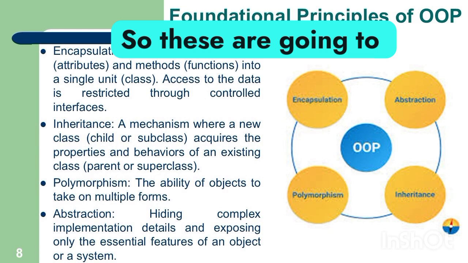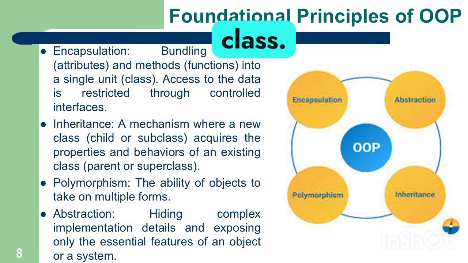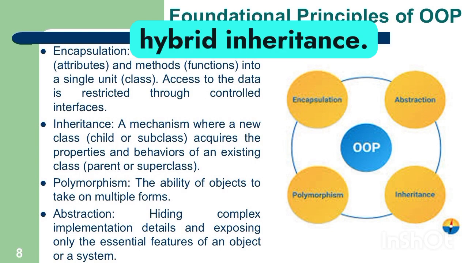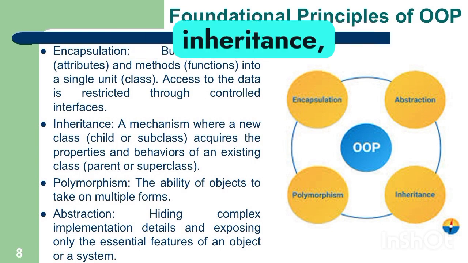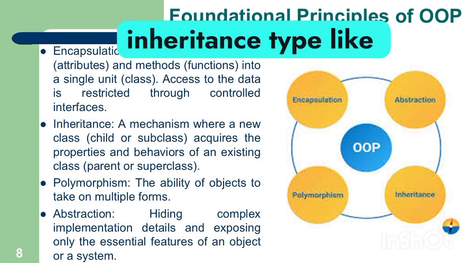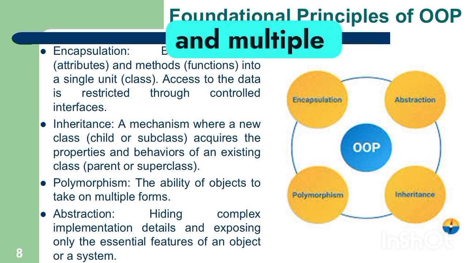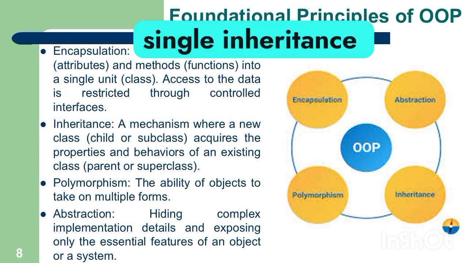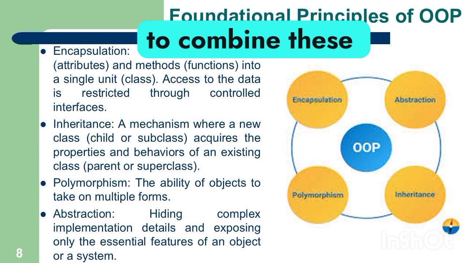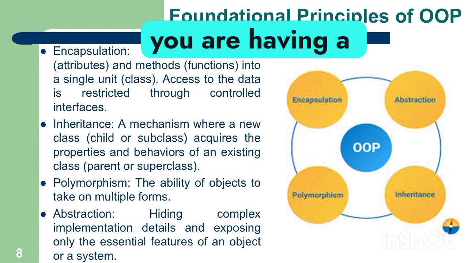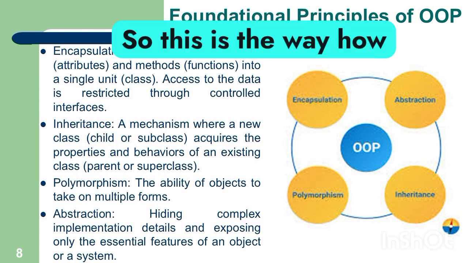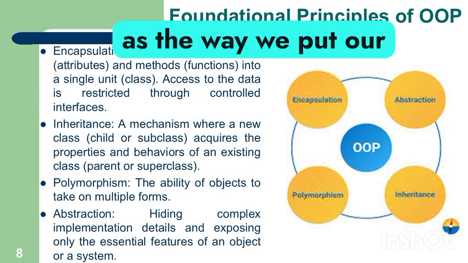Then we have hybrid inheritance, which, put simply, is a combination of two or more of these inheritance types. Like you combine single inheritance with multiple, or with multi-level or hierarchical. If you can combine these types of inheritance in one place, it means you are having a hybrid inheritance form.